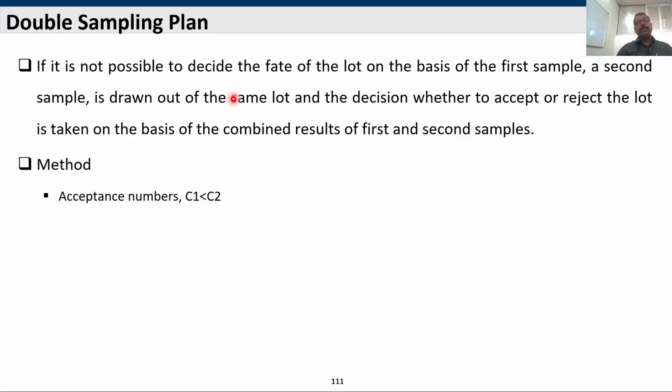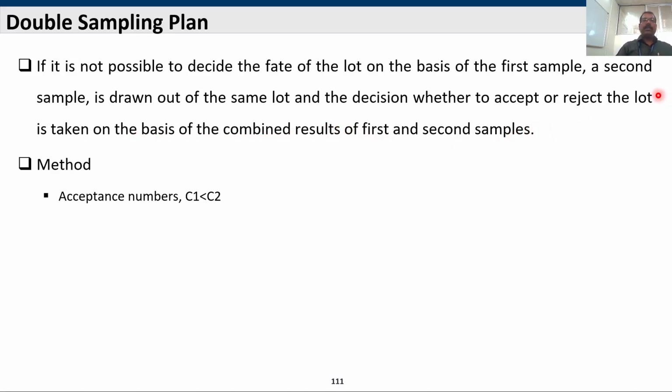But another concept is the double sampling plan. If it is not possible to decide the fate of the lot on the basis of the first sample, instead of inspecting each and every component, a second sample is drawn out of the same lot, and the decision whether to accept or reject the lot is taken on the basis of the combined result of the first and second sample.